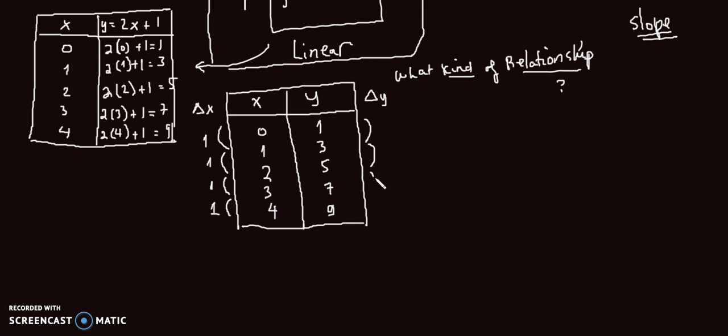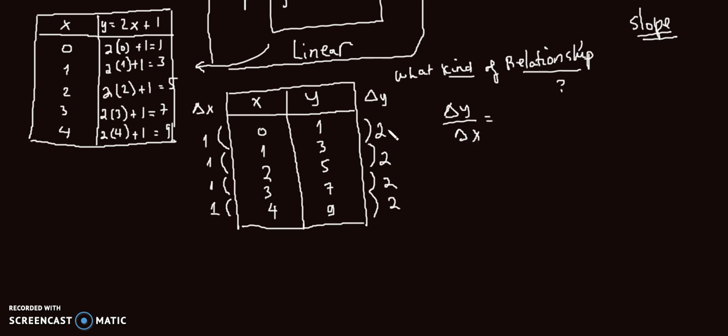Now I'm going to do the same with y. So 3 minus 1 is 2, so the difference is 2. 5 minus 3 is 2 again, 7 minus 5 is 2 again, 9 minus 7 is 2 again. So what we want to find out is delta y divided by delta x, the ratio.